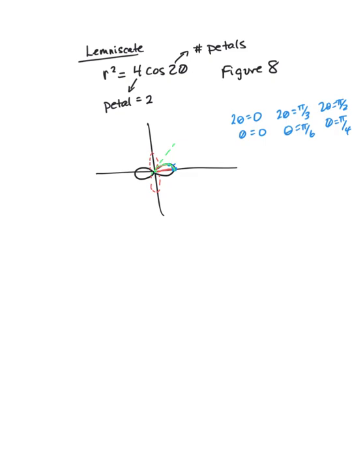So when I just go from 0 to pi over 4, using those bounds of integration, that's going to be half of 1 petal. It all depends on how they ask the question, but you do need to have some clue how to graph these.